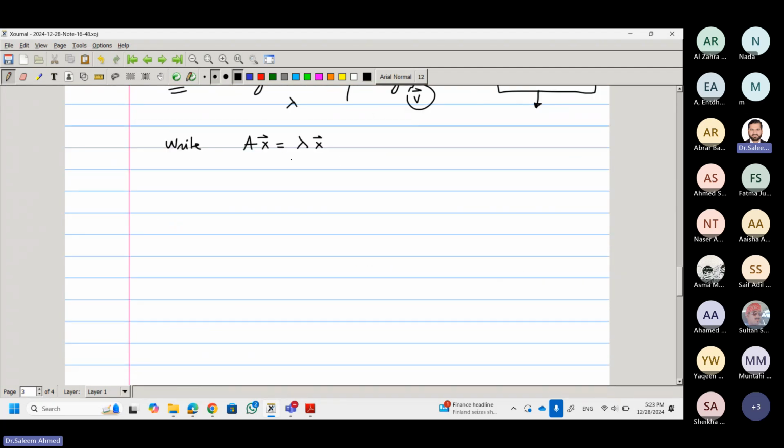So here, if I bring it to the left, we can write it as AX minus lambda X equal to 0. And because X is common, I want to take that as common. A minus, but I cannot write just lambda here. If I write A minus lambda, it is not defined. A is a matrix, lambda is a number. I cannot subtract a number from a matrix. Only a matrix can be subtracted from a matrix. So we write an identity here: A minus lambda I, times X, equal to 0.